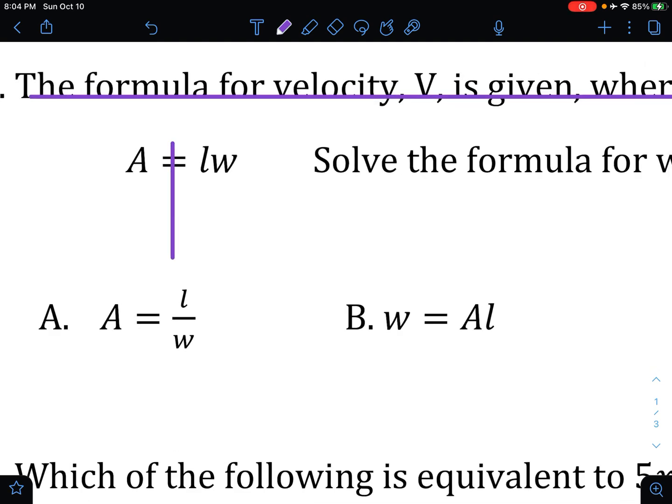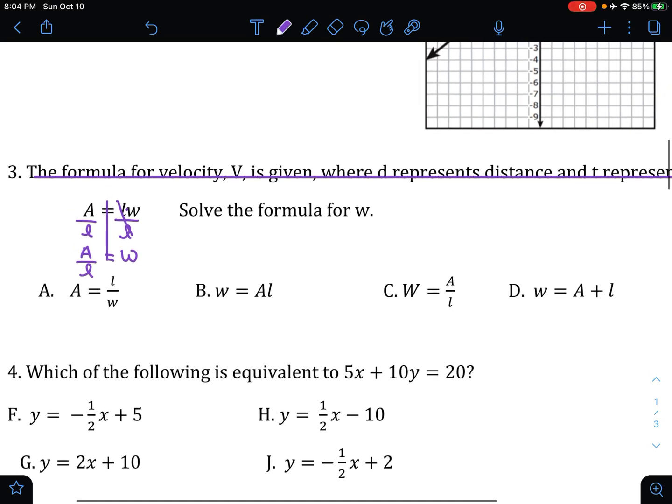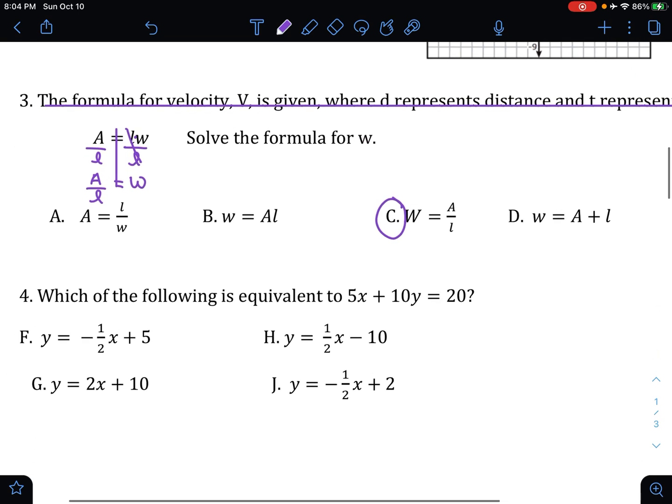We're going to draw a line through our equal sign. We know that L and W are being multiplied. So to get W by itself, we have to divide by L. Well, when I divide by L, the L's cancel out and leave W by itself, and we're left with A divided by L. So we're looking for W equals A divided by L, which is answer choice C.